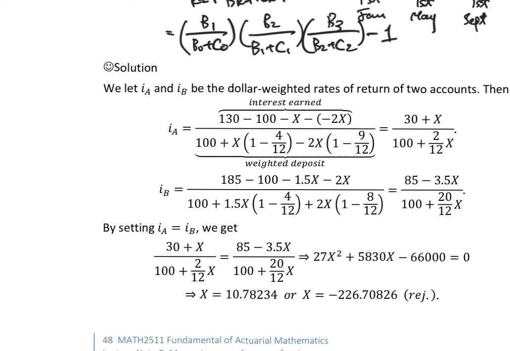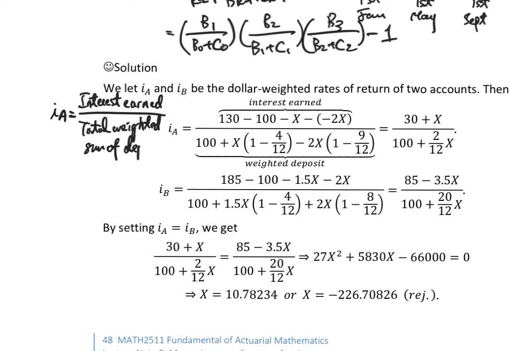Okay, so just remember, your dollar weighted rate of return is equal to the total amount of the interest earned divided by the total weighted sum of deposit. Now let us do this one by one.